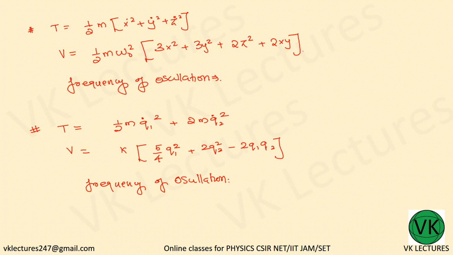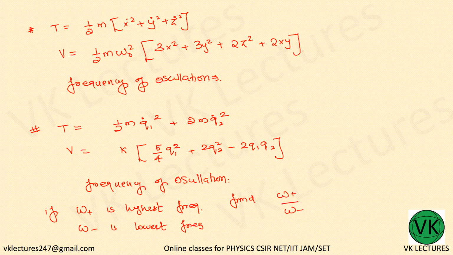If omega plus is the highest frequency of oscillation and omega minus is the lowest frequency, find omega plus by omega minus. So this is also part of this question.